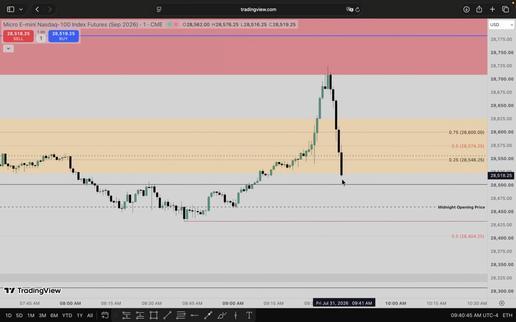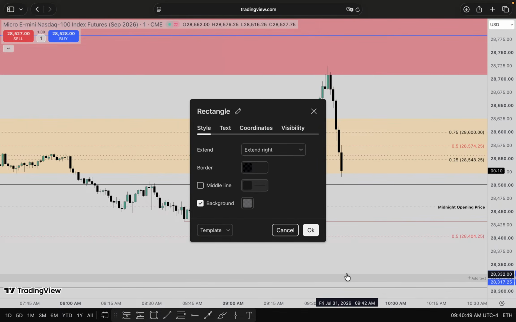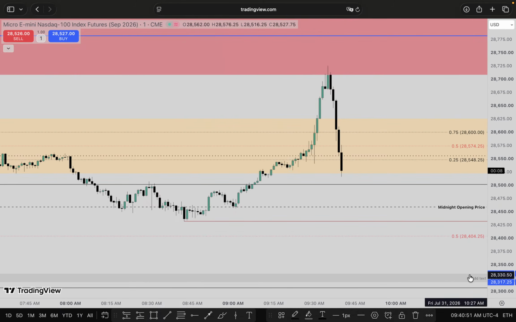This might actually want to trade down to this new day opening gap down here. I will see.